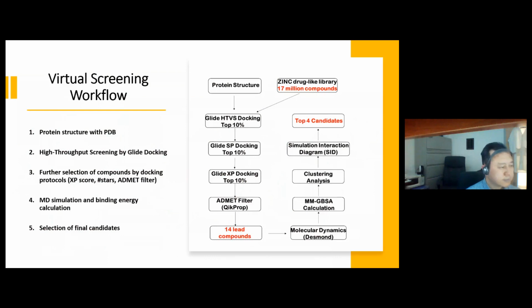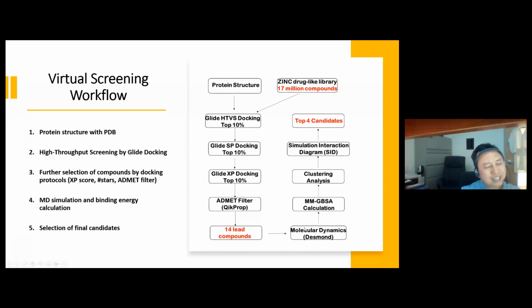Okay, so with this structure, now we can do more. We can use a virtual screening workflow. Once we have the protein structure, we can use a more elaborate molecular docking score to screen 7 million compounds within days. Then we use some drug property filters to get 14 lead compounds.